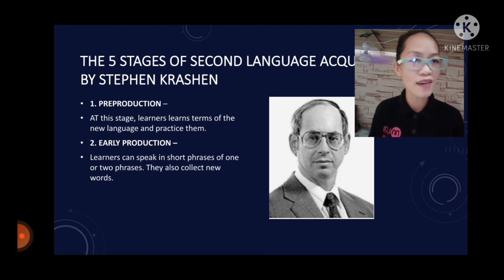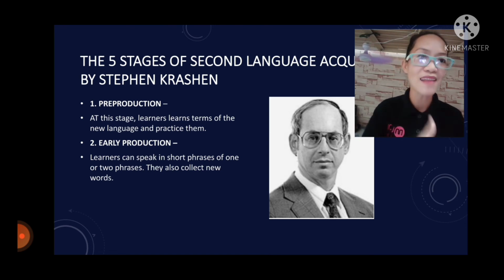Second is the early production, in which the learners can speak in short phrases of 1 or 2 words. They also collect new words. So in early production, the learners of the second language can speak short phrases, and they are also collecting some vocabulary from that language.